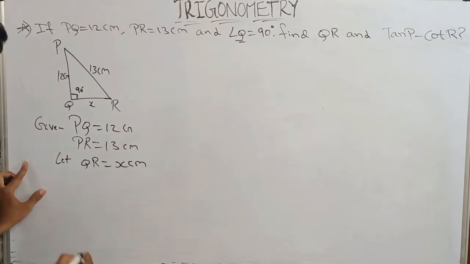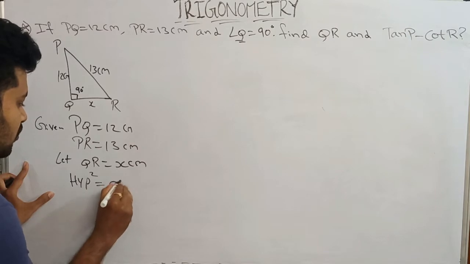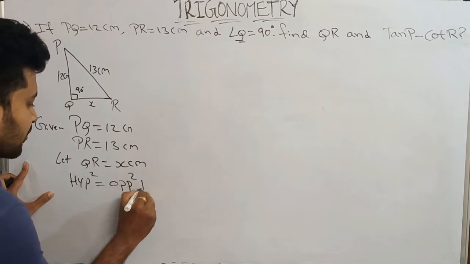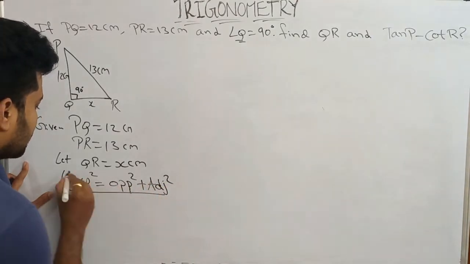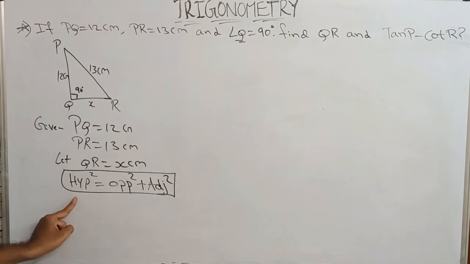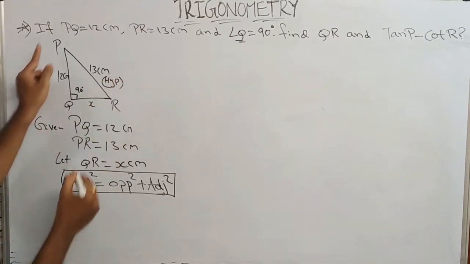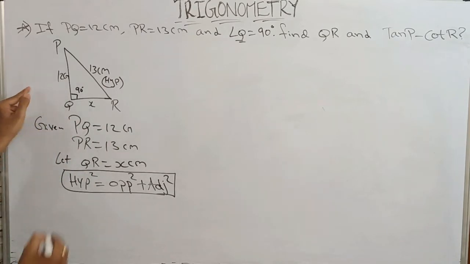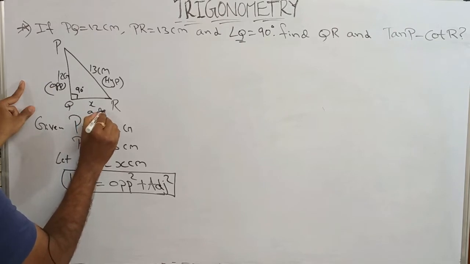What is the Pythagoras theorem formula? Hypotenuse square is equal to opposite square plus adjacent square. So here what is the hypotenuse? This PR is the hypotenuse, this is the opposite and this is the adjacent.